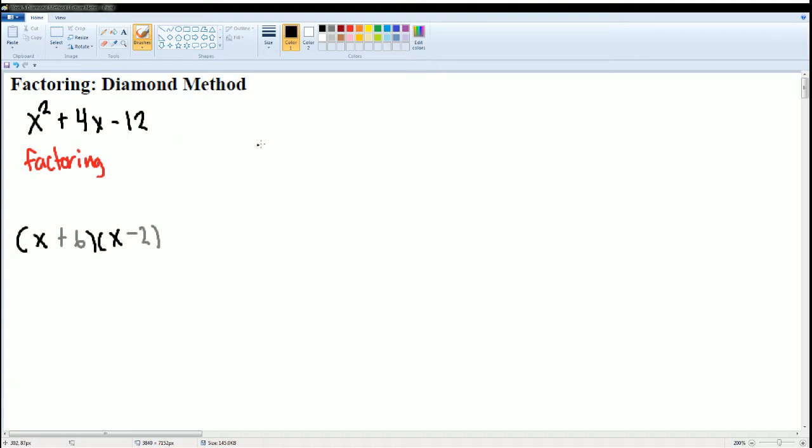In this case, the first thing you have to do is isolate what a is, which is going to be 1. Then you isolate b, which is going to be 4. Then you isolate c, which is the constant term.